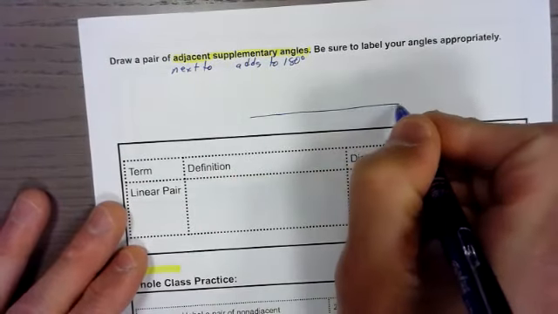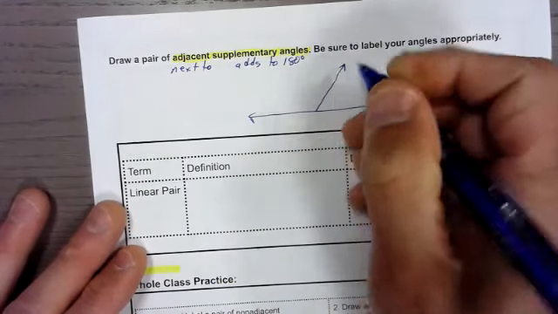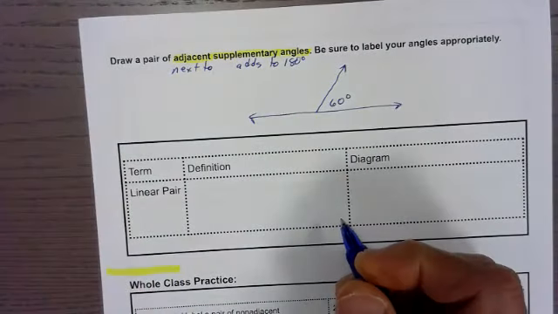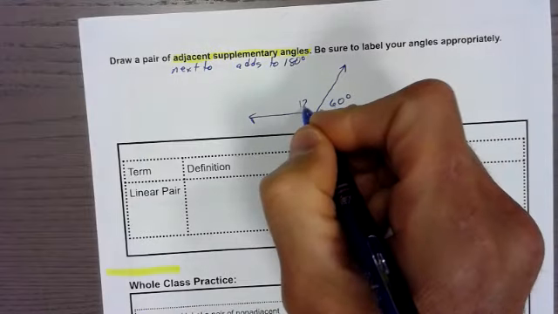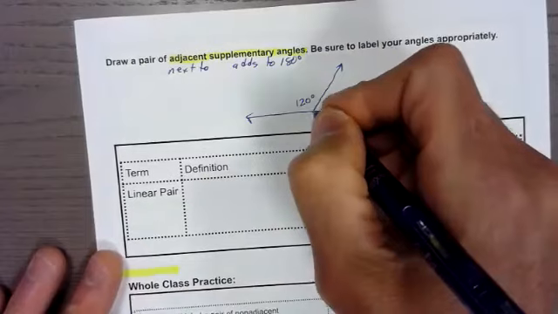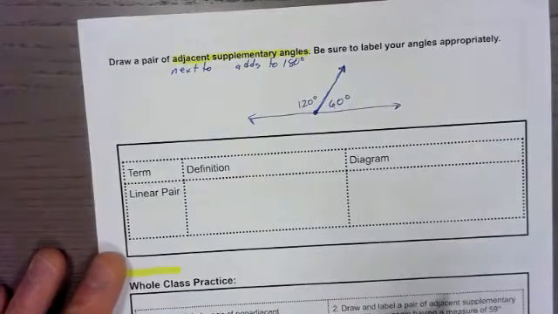So that means they're going to be on a straight angle, and then one of them is going to be like this. Okay. Let's make this one 60 degrees, just so the numbers are simple. 60 plus what is going to add up to 180? That's going to be 120. All right, so we've got our adjacent. They share a vertex and a side, and they're supplementary because they add to 180.